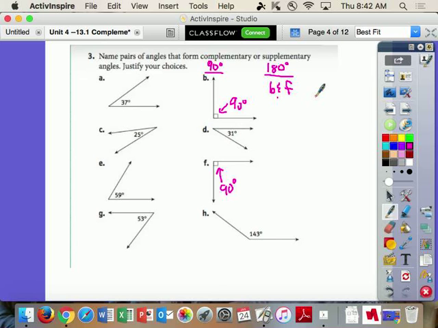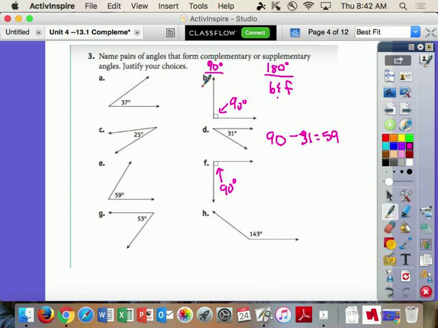Okay? So now, maybe look at D since I talked about it so much. This is 31 degrees. Well, what's 90 minus 31? 59.